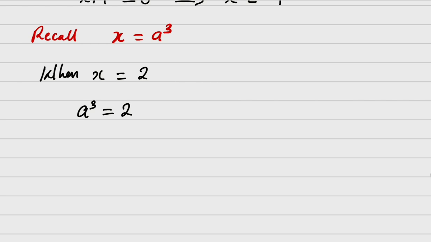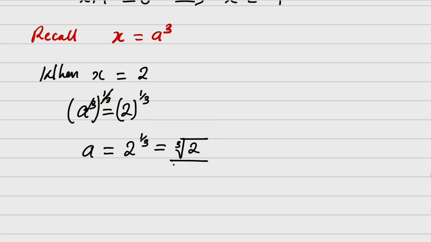Now, the only thing to do here to get the real values of a is to cube root both sides. That is, in other words, just raise to the power of 1 over 3, that is the inverse of the power, which is 3. So this takes the power out, so that we're going to have a is equal to 2 raised to the power 1 over 3, which is cube root of 2. This is a real value, so we have a real value of a.